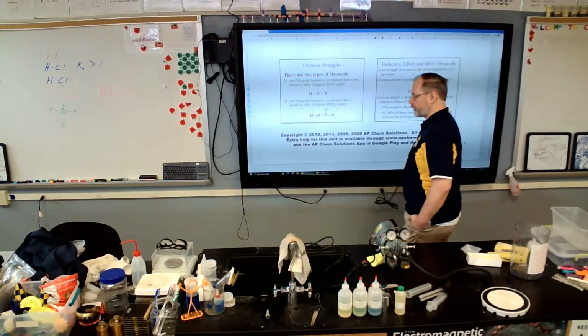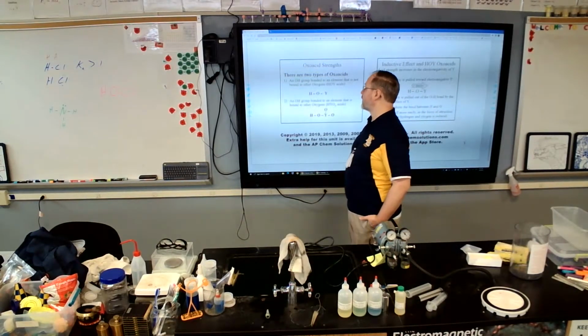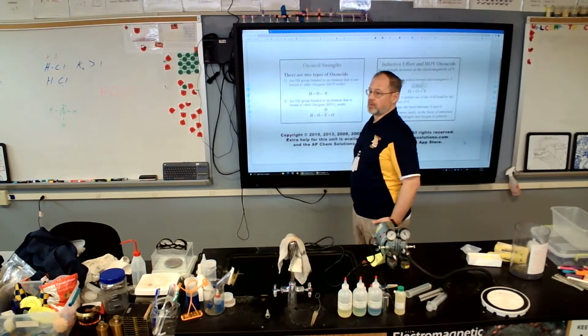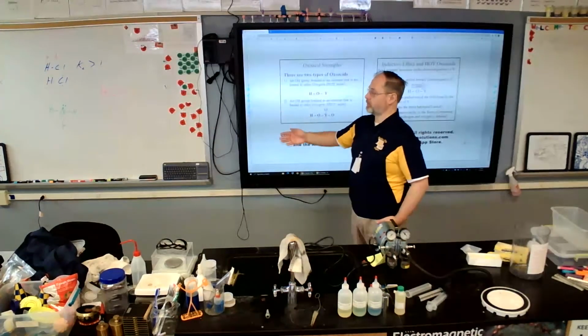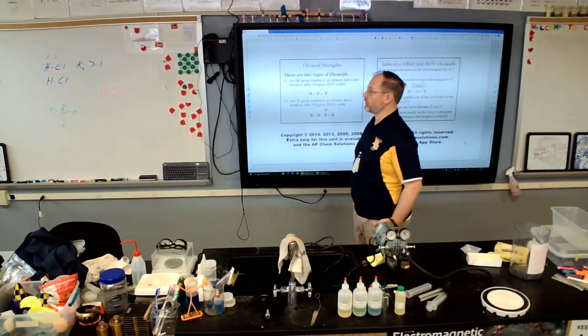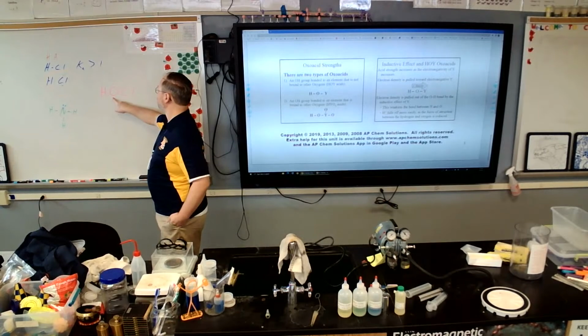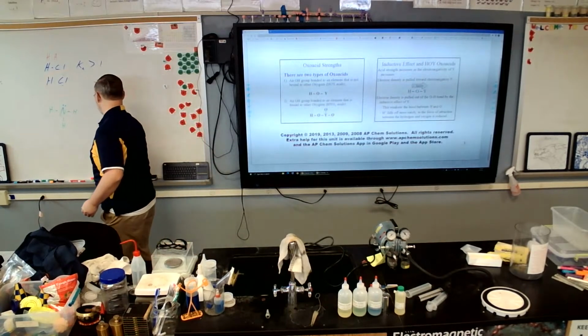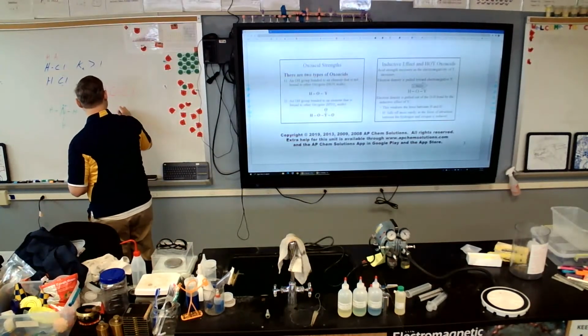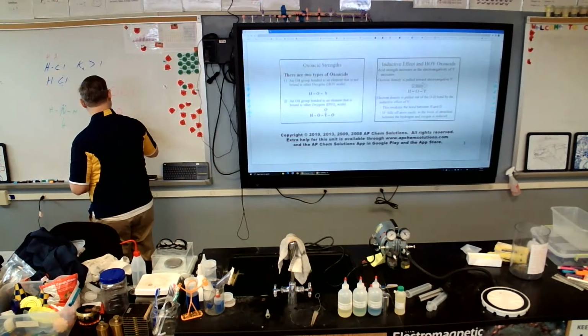And they are tricky because it looks like there's a hydroxide bound to something. You're like, oh, it's just like a hydroxide. But it's not a hydroxide, it's an oxyacid, where the hydrogen is bound to the oxygen, which is then bound to the chlorine. If we were to draw this, it would look like this.